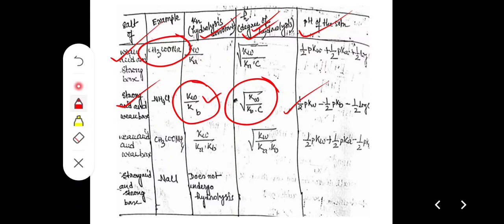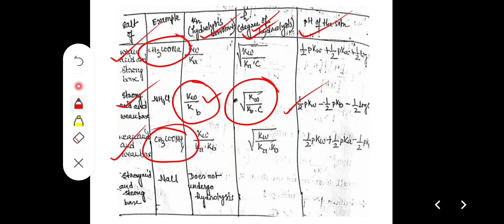Then salt of weak acid and weak base, CH3COONH4, a combination of acetic acid and ammonium hydroxide. Ammonium hydroxide is a weak base and acetic acid is a weak acid. Due to their combination this type of salt is produced.